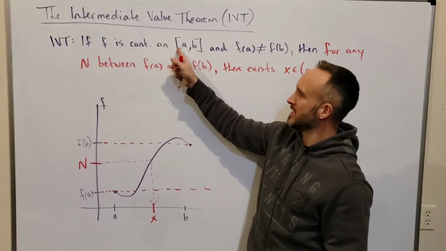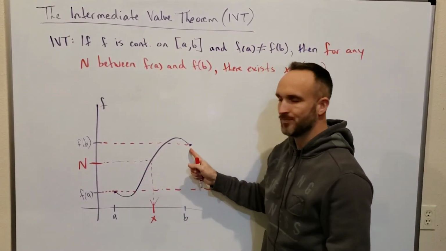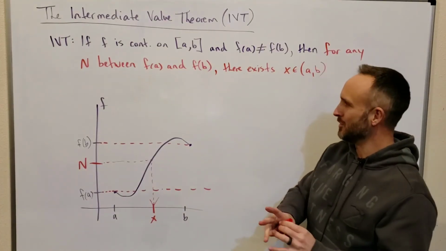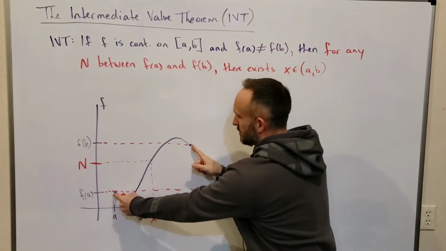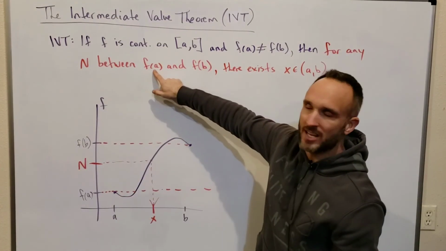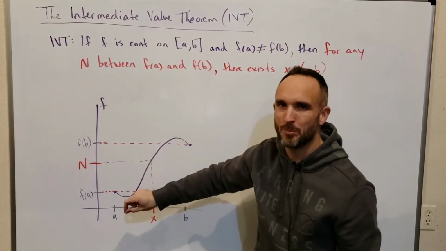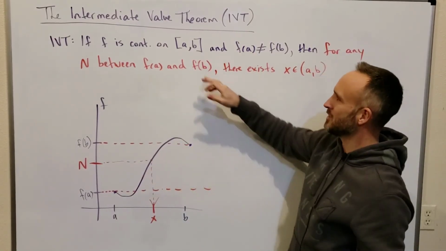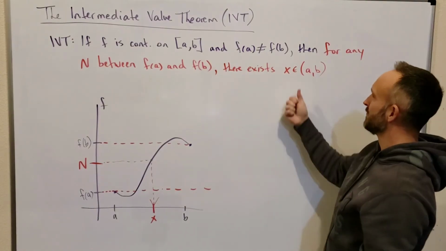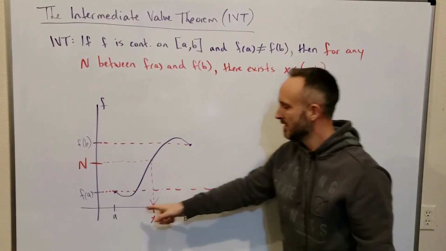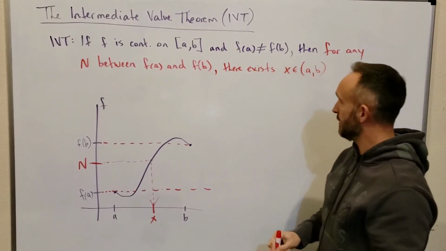So the original function has to be continuous on the closed interval. Well, one reason that's true is because if these were open circles, you couldn't even refer to f of a and f of b because there would be no outputs. Okay, so the function has to be continuous on the closed interval, and we can find our x in the open interval between a and b.